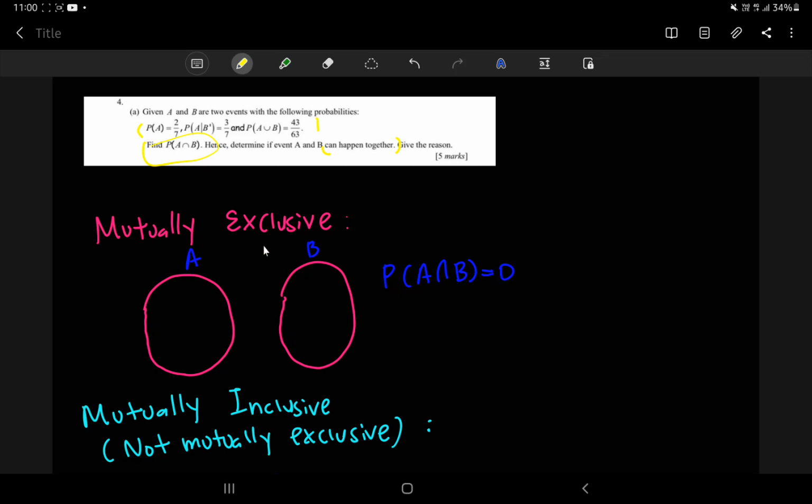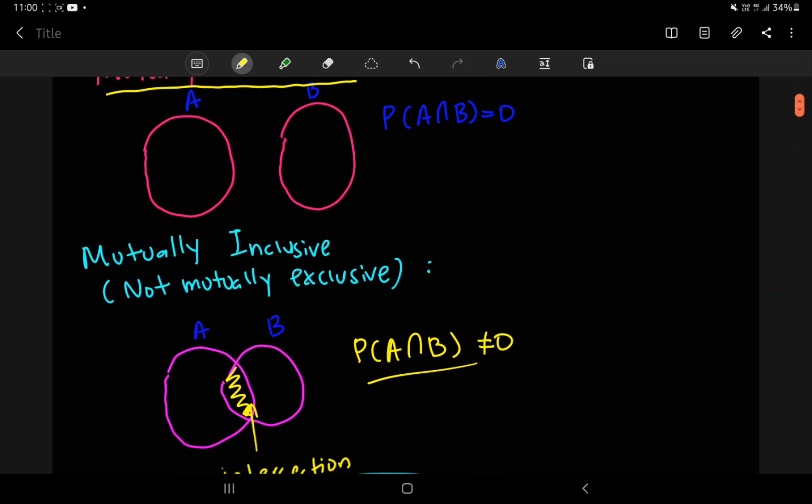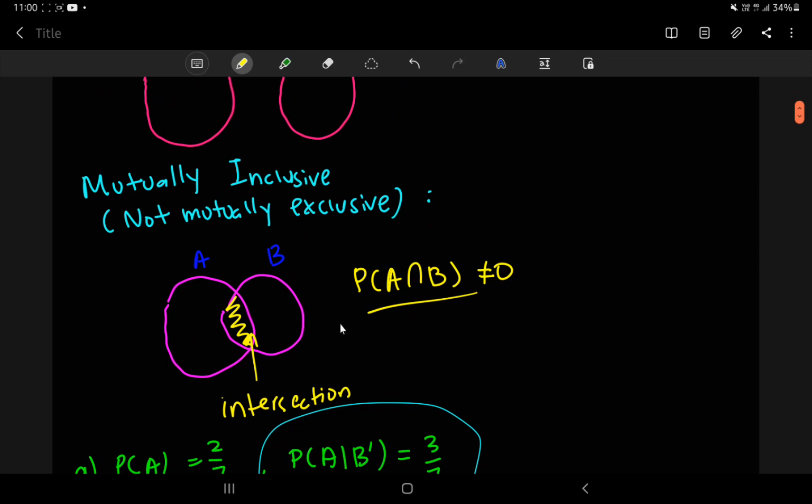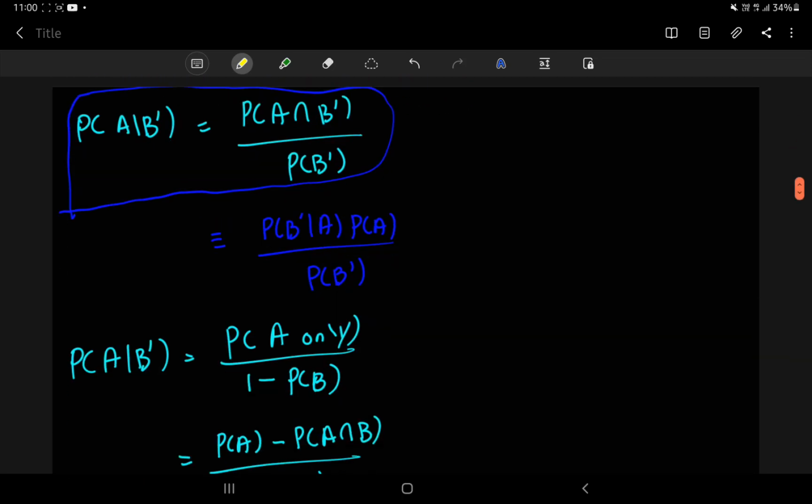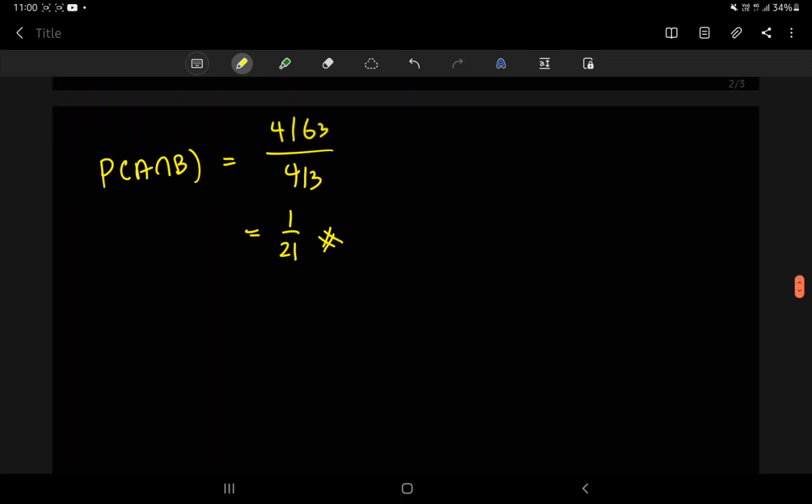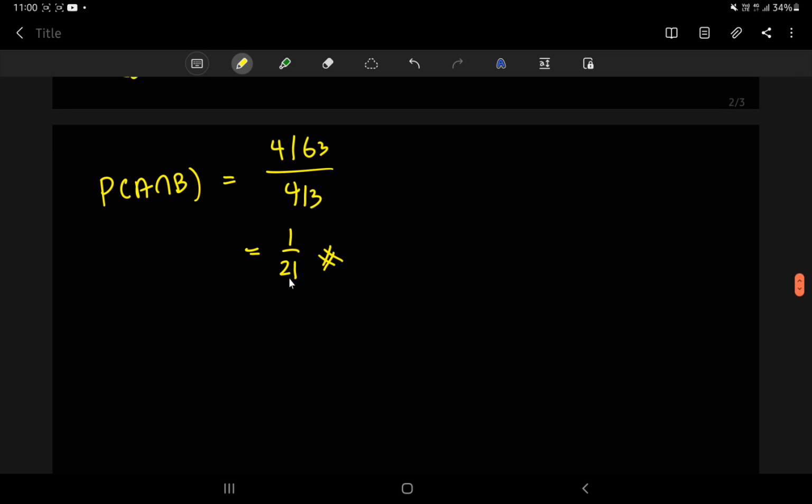If that happens, then it is known as mutually exclusive. But if it is not 0, it is not mutually exclusive. From our answer, the intersection is this, which is not 0. So it is non-zero.